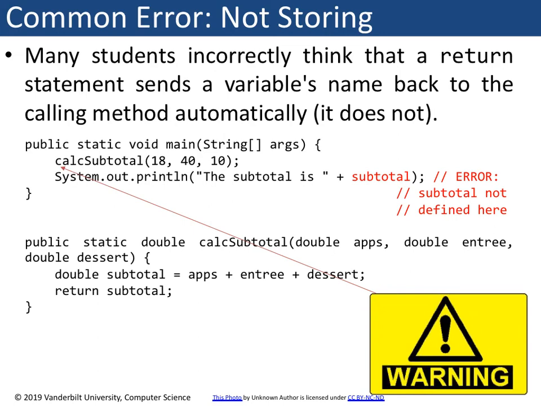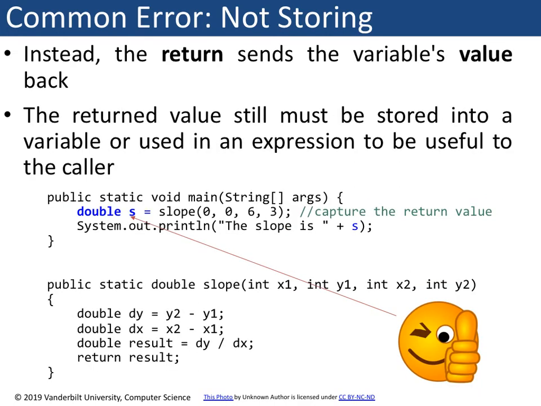If we were to do this correctly, we would have to declare the variable subtotal, and then assign it the value which results from calc subtotal. So what is happening is the method is sending a value back, but we have to store that value somewhere if we intend to make use of it.